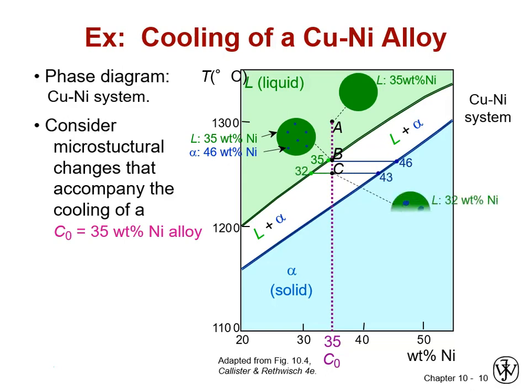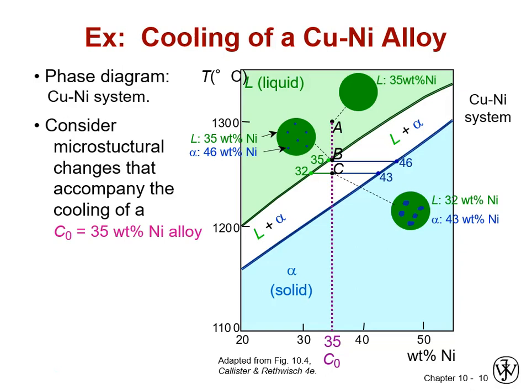So we cool a little bit more, and those precipitates grow. So our alpha solid is still floating around in the liquid, and it's growing. And you can see that the difference in the composition of the liquid versus the average composition of the solid is now growing apart. So the liquid is effectively becoming more enriched in copper.